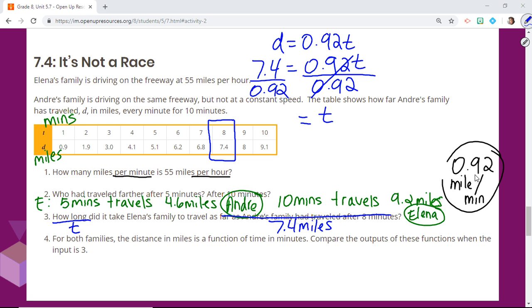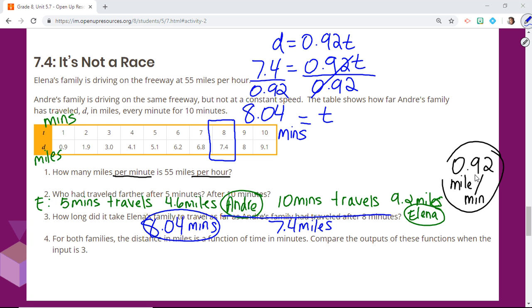So we're just going to round that to 8.04. And again, t is time, so we're talking about minutes. So to answer the question, how long does it take Elena's family to travel 7.4 miles? It takes them 8.04 minutes. So at a little after 8 minutes, Elena's family has traveled 7.4 miles.